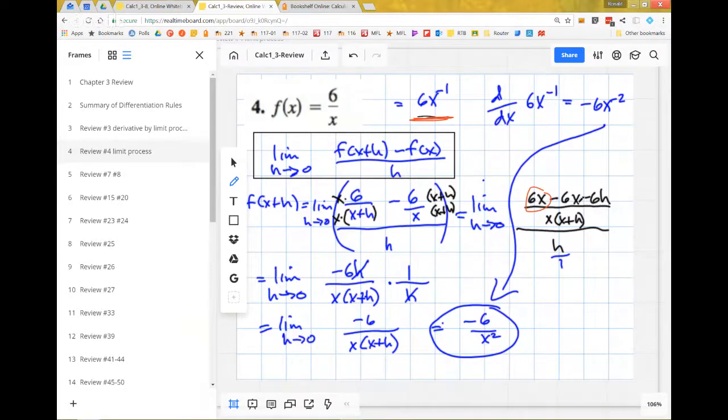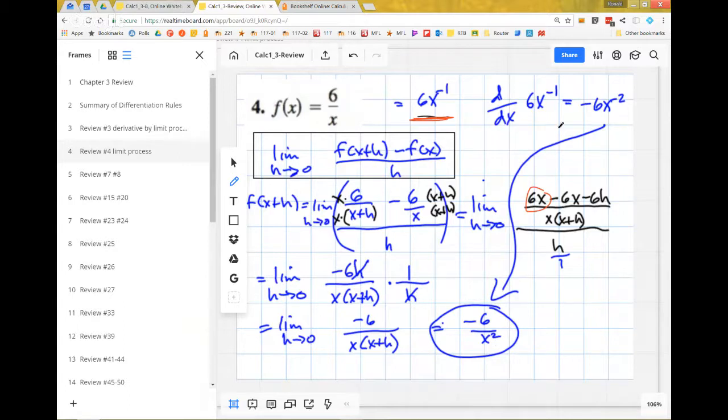Okay, now we have one fraction divided by, you could think of h over 1 instead of just h, and now we could divide fractions, invert, multiply, and the h nicely goes away. Now can we take a limit as h approaches 0? Even though there's an h in the denominator, we can, because what will happen as h approaches 0 is you'll just get x times x down here.